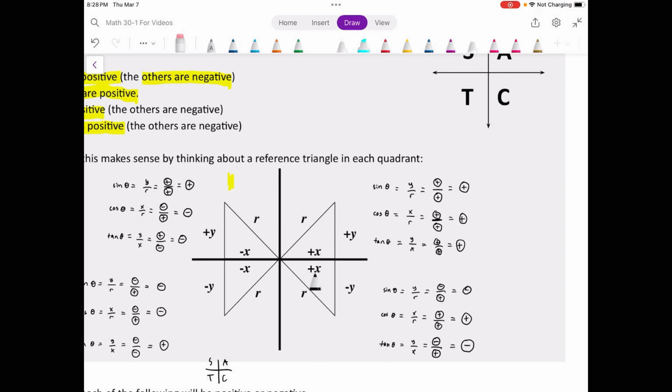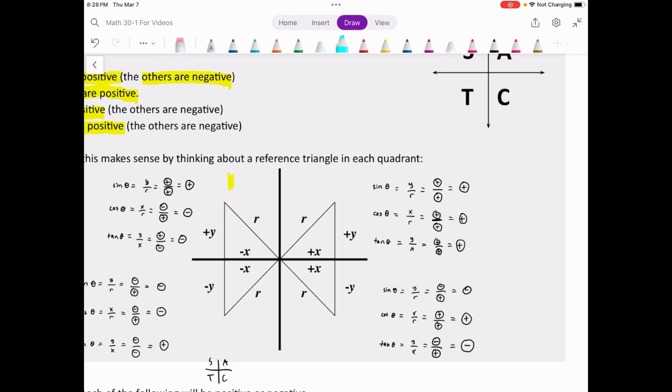So positive x over positive r gives us a positive cosine ratio. Negative y over positive r gives us a negative sine ratio. And a negative y over a positive x gives us a negative tan ratio. So look, only cos is positive, the other two are negative, right? And that's where this CAST rule comes from.